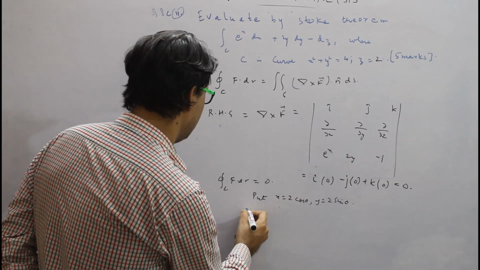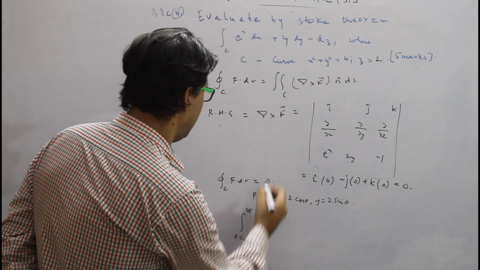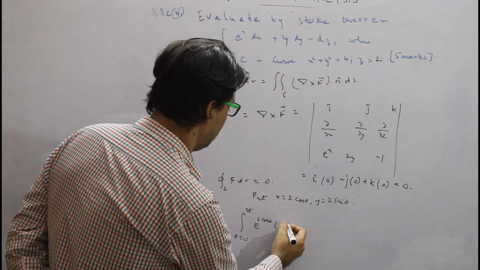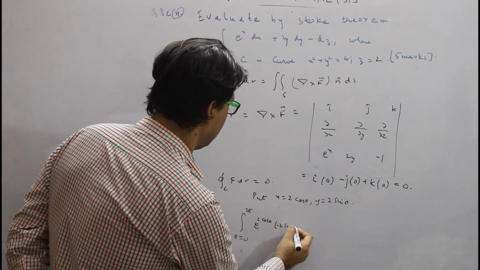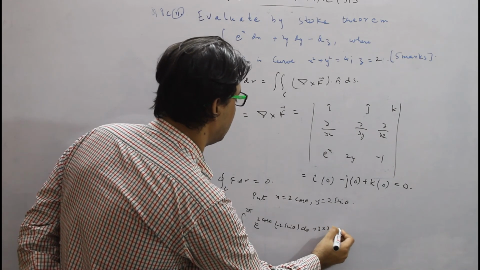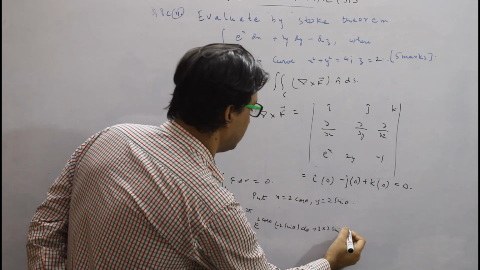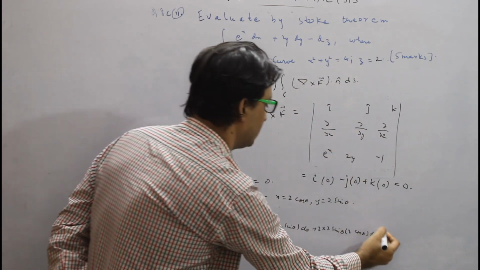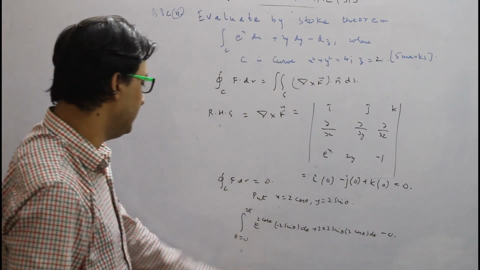So this is integral from 0 to 2 pi of e to the power 2 cos theta, dx is minus 2 sin theta d theta, plus 2 into 2 sin theta, and dy is 2 cos theta d theta, and dz is obviously 0.